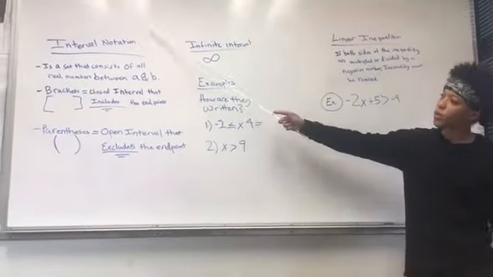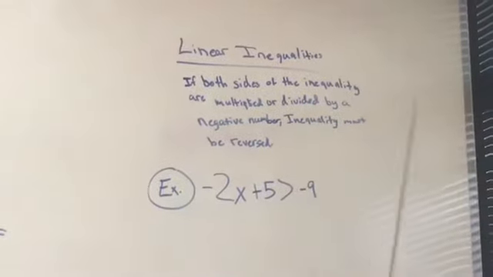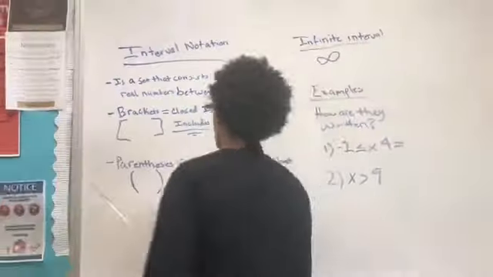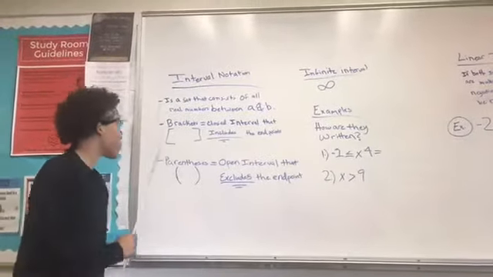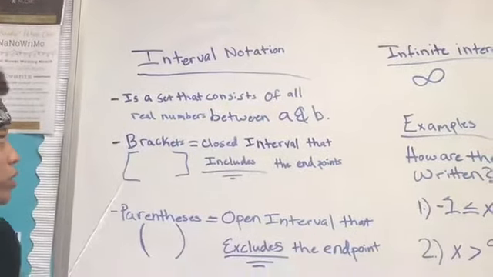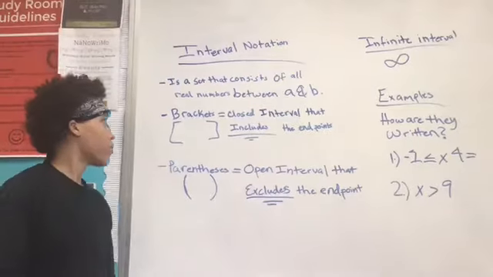Hey guys, we're going to be talking about interval notation and linear inequalities. First, with interval notation, let's lay down the rules. Interval notation consists of all real numbers between a and b.